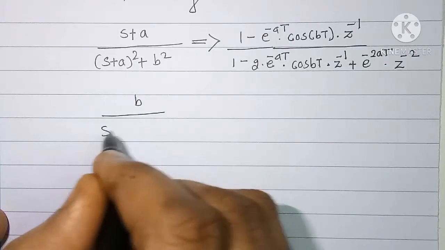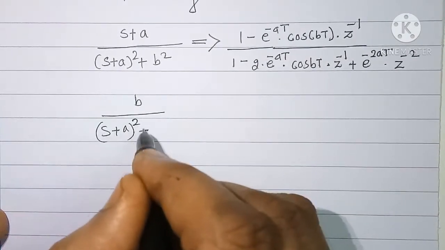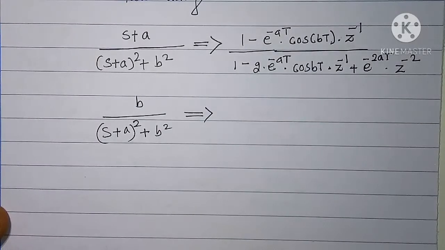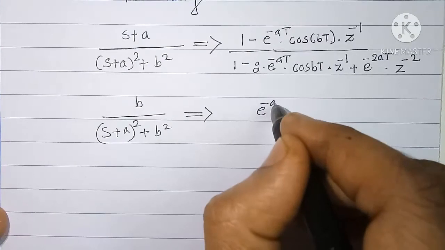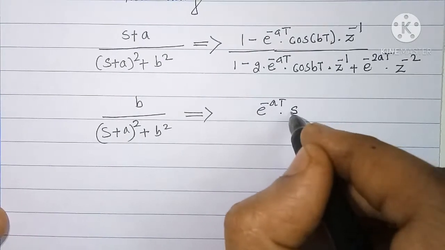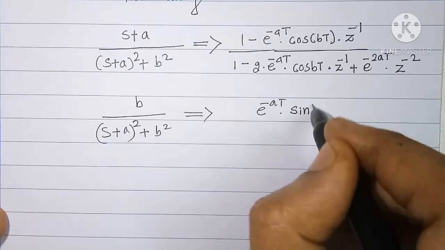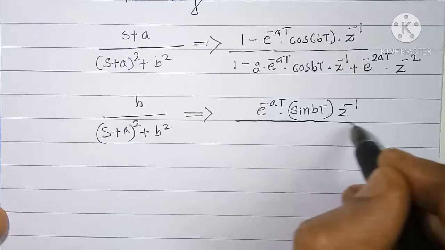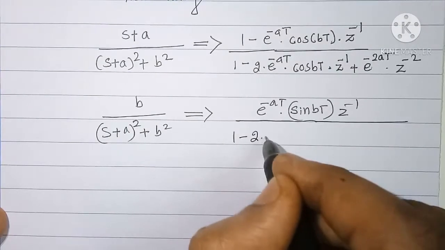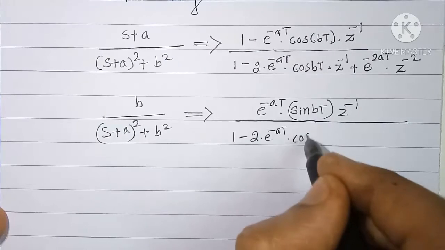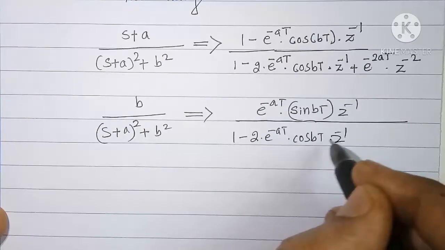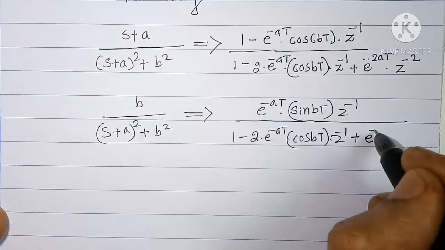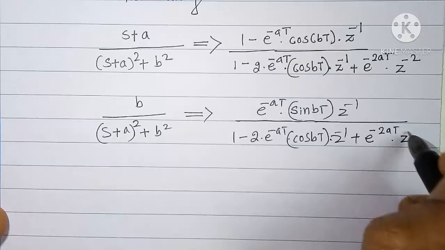b upon s plus a whole square plus b square gets transformed into e raised to minus at into sine of bt into z raised to minus 1 whole divided by 1 minus 2 into e raised to minus at into cos bt into z raised to minus 1 plus e raised to minus 2at into z raised to minus 2.